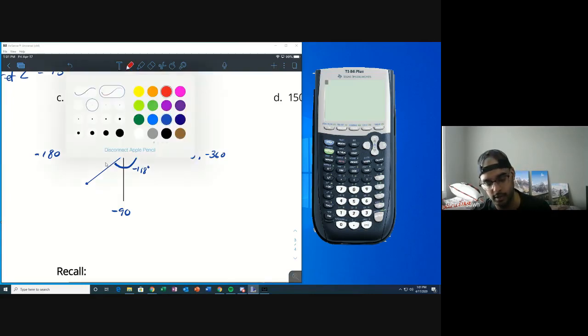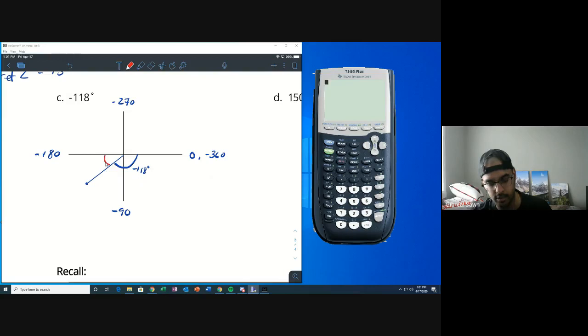Now our reference angle is underneath. So our reference angle is always going to be from x-axis to terminal arm. Okay, now that angle is 62 degrees. Okay, the one other piece we need is our standard position, because it always goes from our x-axis counterclockwise to that terminal arm. So it can't actually be the negative 118. We've got to do this a little differently.